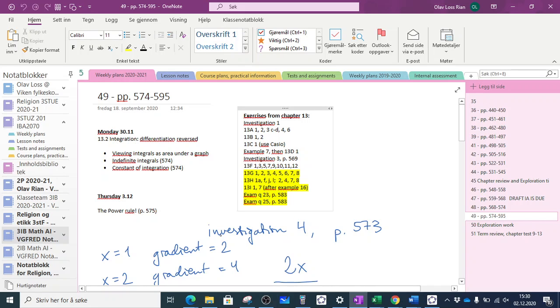And when you have several terms in a function that you want to integrate over, you're allowed to split it up. So the integral over this function turns out to be the same as the integral over the several parts. So we can just split it up like this.